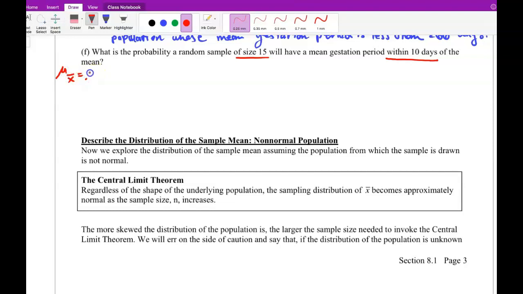So our mean is again 266. Now finding the standard deviation based on the sample size, which is equal to 15.